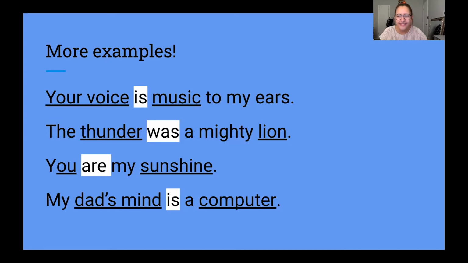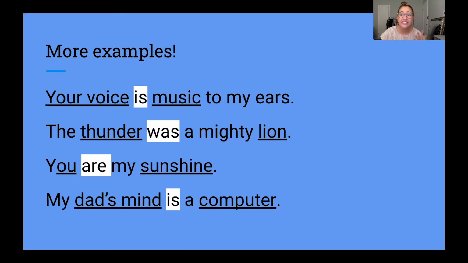Now, skyscrapers are like 80 feet tall. Is it possible for a person to be 80 feet tall? I don't think so, not exactly. But I'm using an exaggeration so that I'm really stressing to you, this person is tall. Your voice is music. And it's just showing how much I think something is something else.